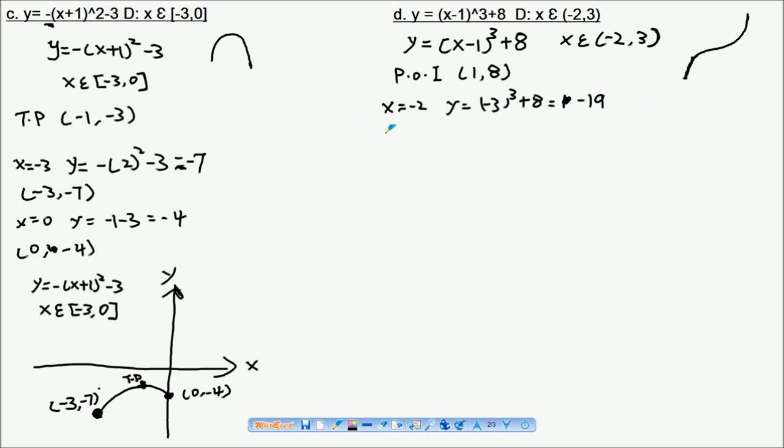And when x equals 3, y will be (3 minus 1), which is 2, cubed plus 8, which is 16. Okay, so the points are minus 2, minus 19, and 3, 16.